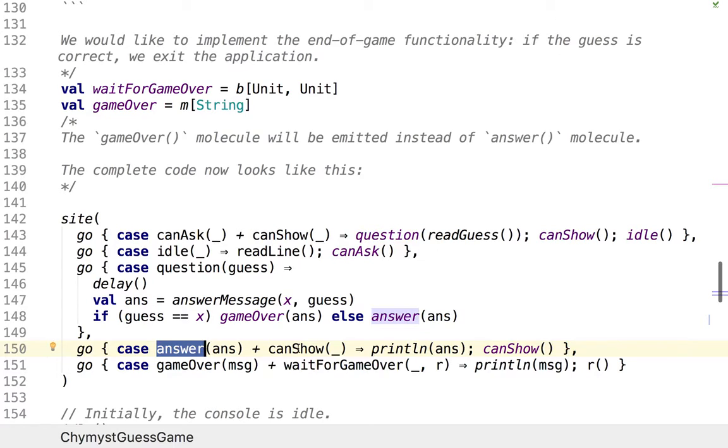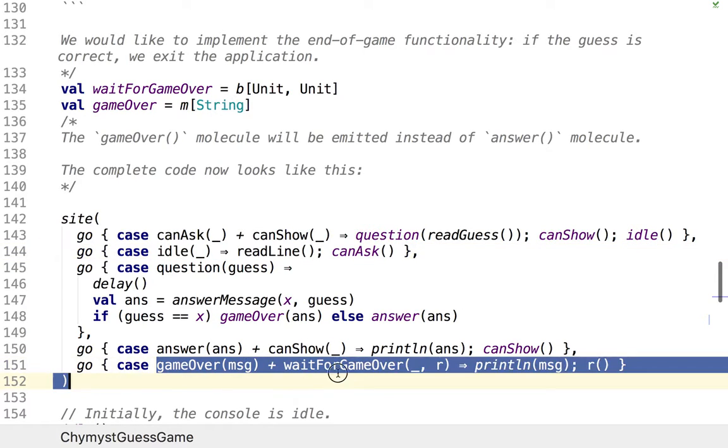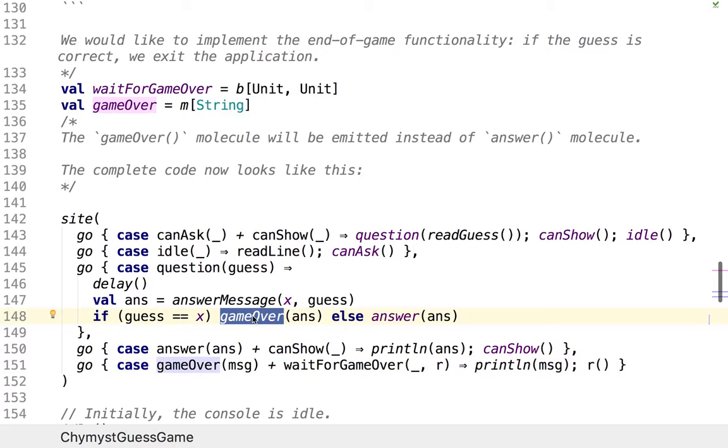Now the answer and can show cannot run in parallel with this either. It can run in parallel with this, though. Finally, this reaction will be run only once, but it could run in parallel with other reactions, because game over could be emitted over here while one of these reactions is running.